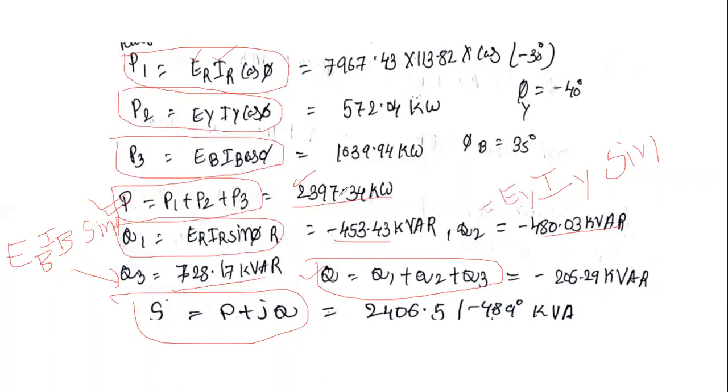That is 2397.34 plus j, and what is the Q value, the reactive power? That is minus 205.29. Then we obtain the apparent power S. These are the real power, reactive power and apparent power obtained in the system.